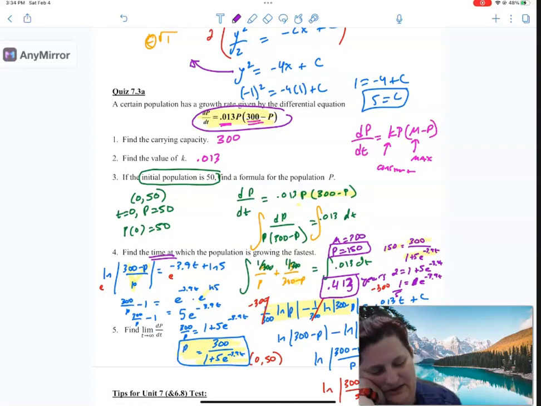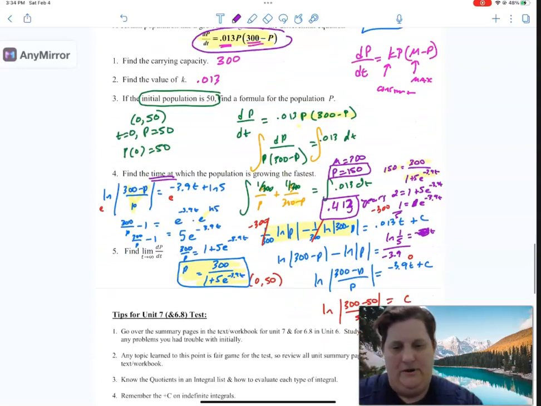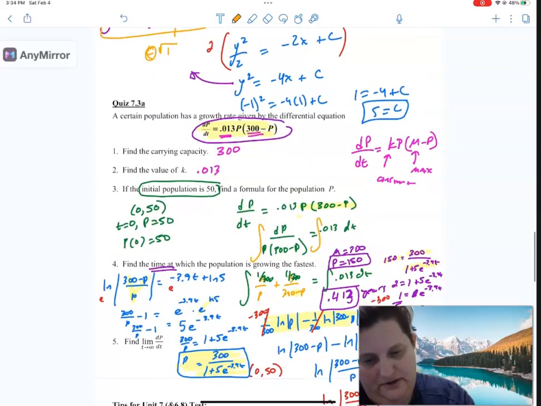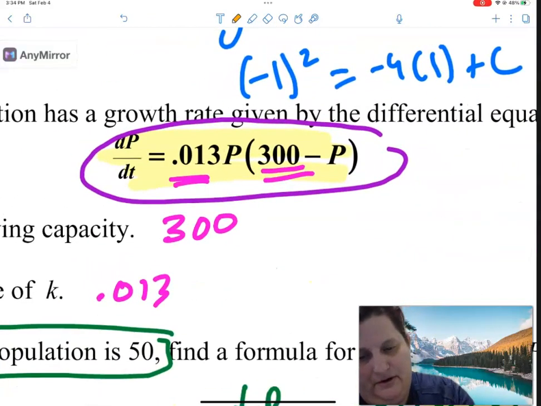Do you really want to say dp dt or the limit of p? Let's see. Well, the limit of p is 300. What's the limit of dp dt? A fair 0.013. Huh. Okay, well, let's try it. I have completely run out of room here, though. So we'll just go up here. All right.